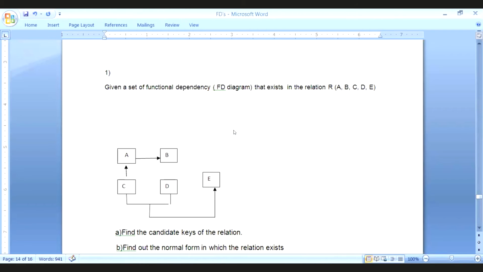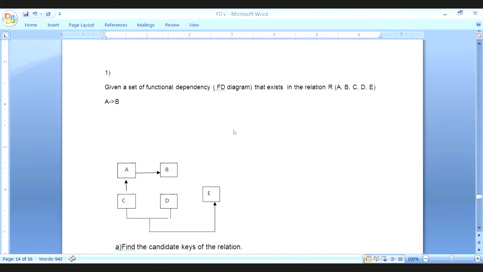Ma'am, A dependent on B. No, A is not dependent on B. A is determining B. Don't say the opposite, it will be totally wrong. A is determining B, so B is dependent on A. This is one FD.